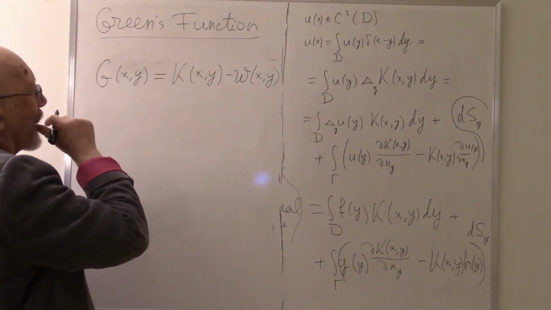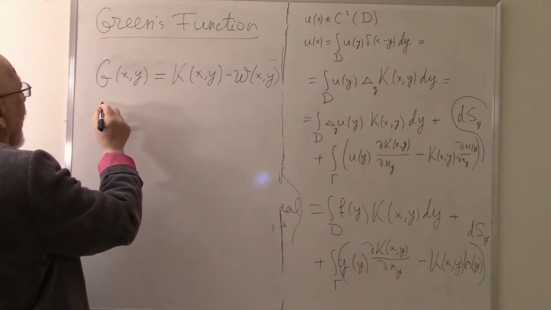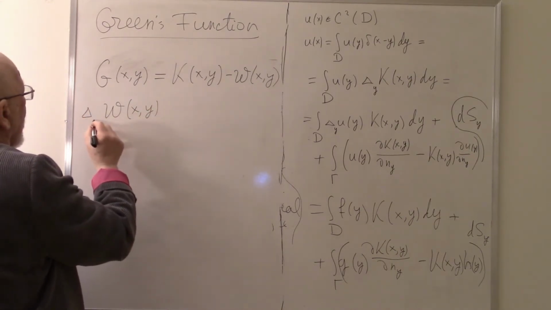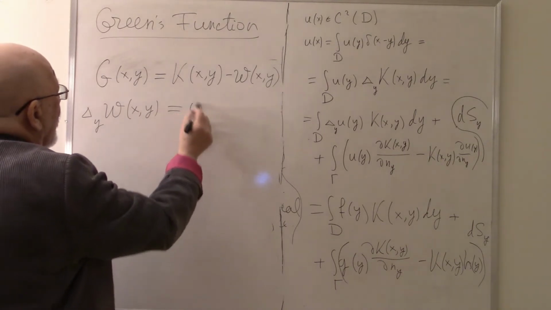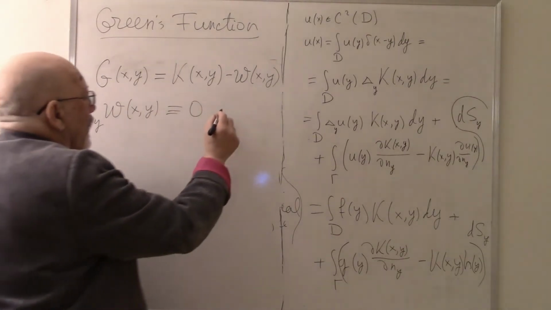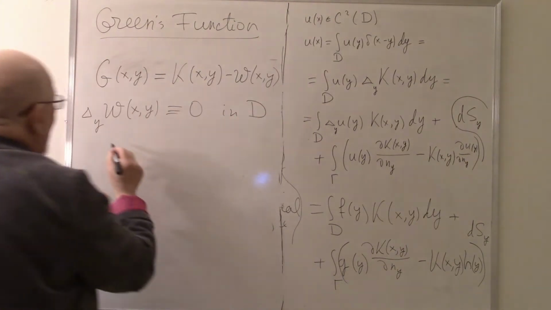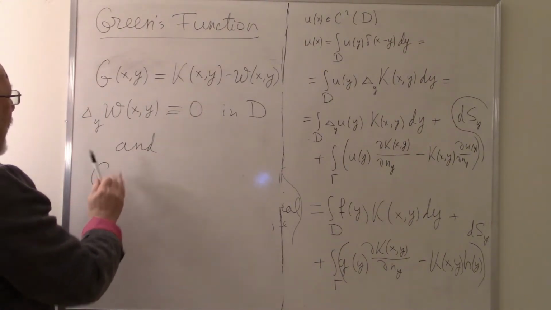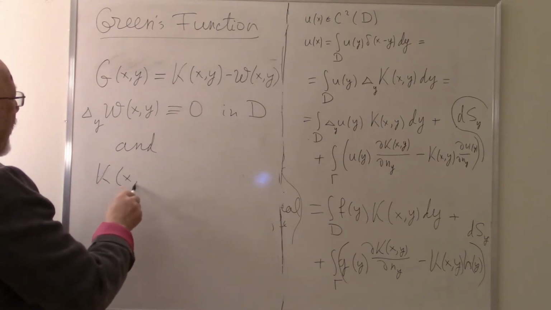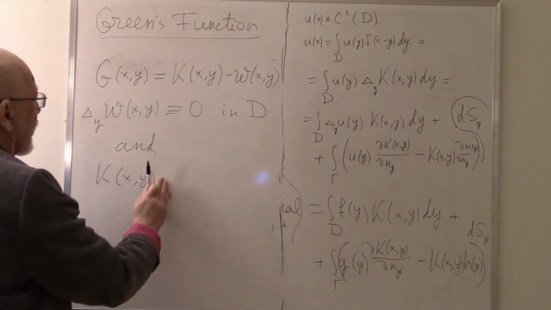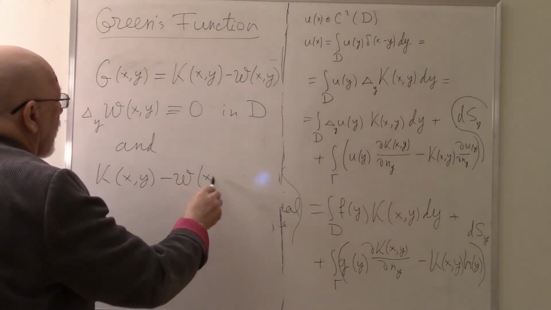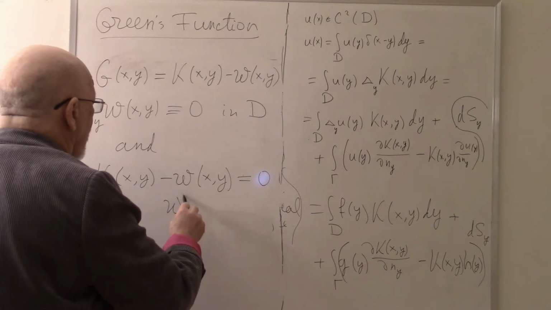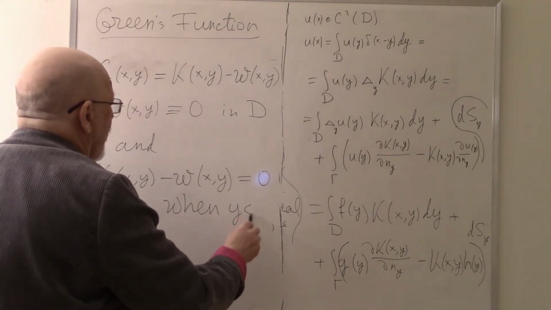And this w is the following. For any x, the Laplacian of w of xy with respect to y is 0 in D, and G, that is k of xy minus w of xy, equals 0 when y is on gamma.